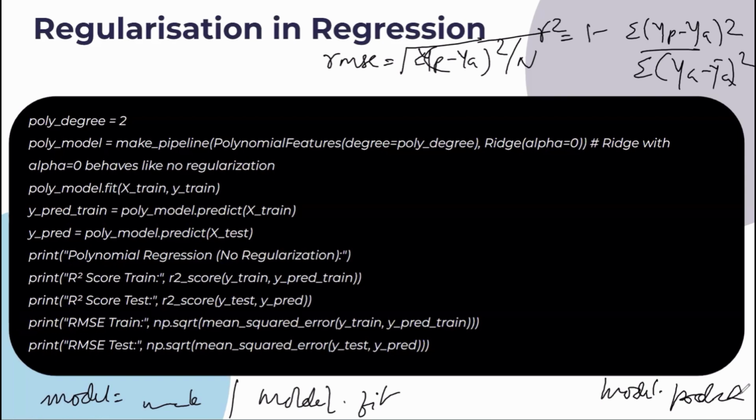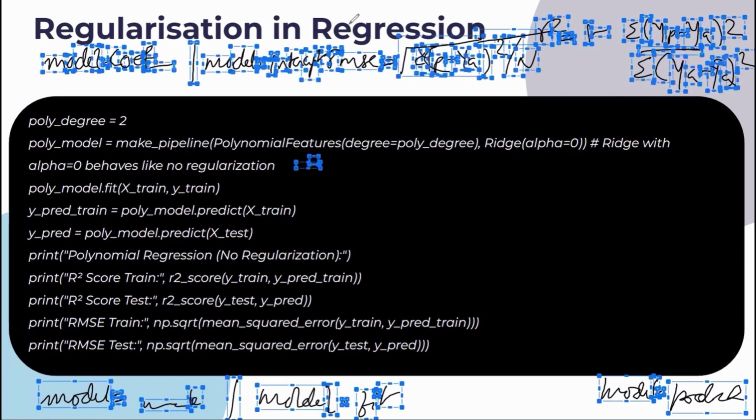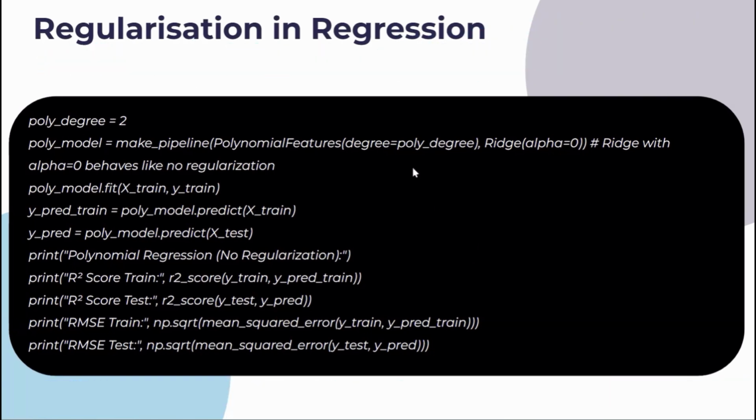Model dot coef_ will give me the coefficient values of all the variables, and I can create a data frame. For the constant, model dot intercept_. This will be the intercept or the constant. Again, let's do that. Then after that, I'll be showing you.